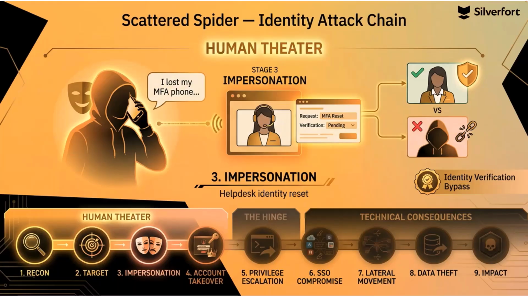So if they cannot overcome the technological hurdles, they'll try to overcome the human ones. They call the help center and fake a request to reset the password. Hey, I forgot my password. Hey, my password doesn't work. And more than that, they will say, listen, I just replaced my phone. I need you to help me enroll my new phone number or even device chip number into your system so that I'll be able to install the MFA app.